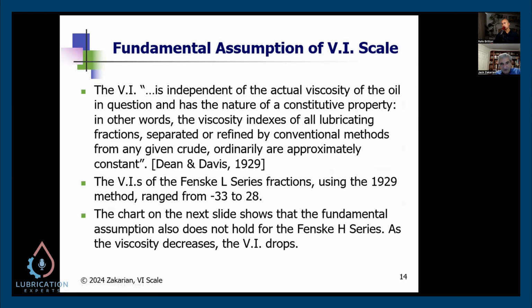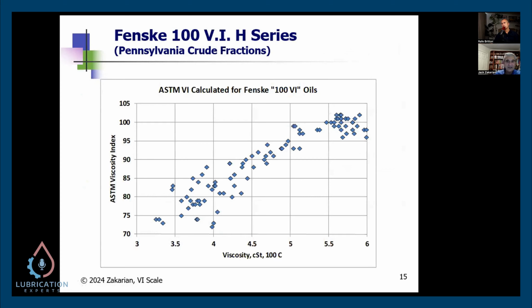Also, the H series, even though it looked very similar to the original Dean and Davis series, also does not follow the fundamental assumption. And I'm showing this on this next slide. So this slide shows the calculated ASTM VI versus the viscosity of Fenske's 100 VI Pennsylvania crude oil series.